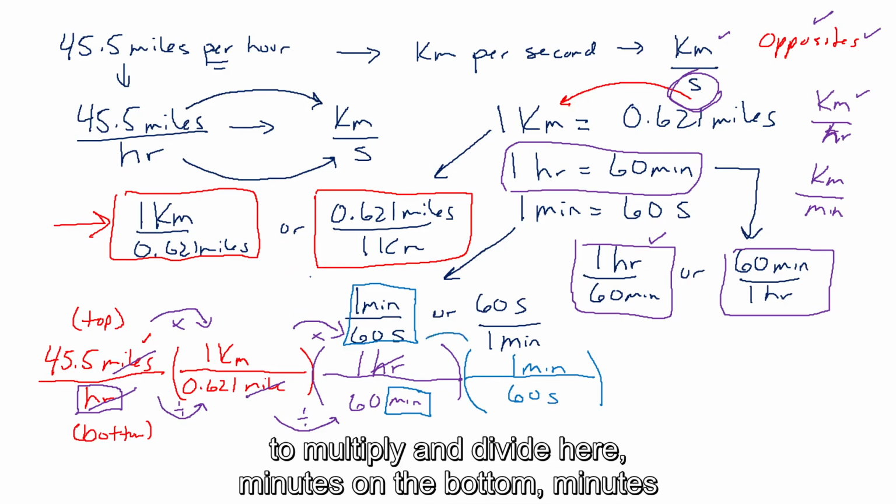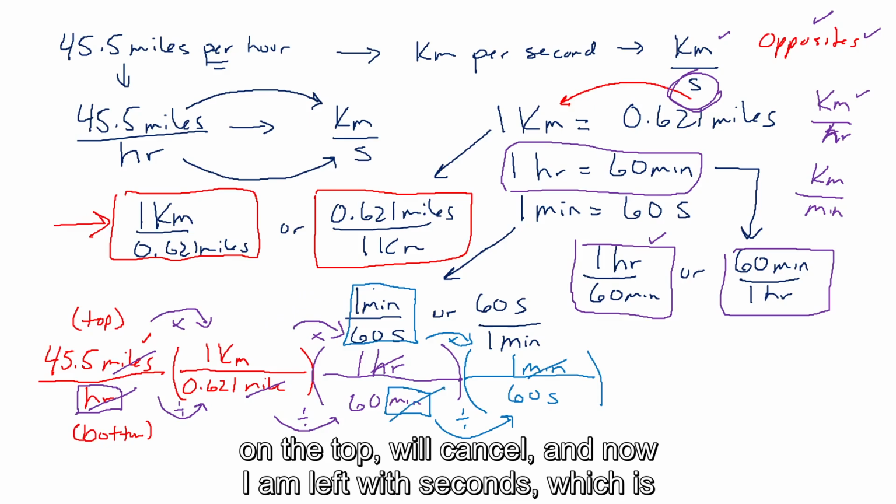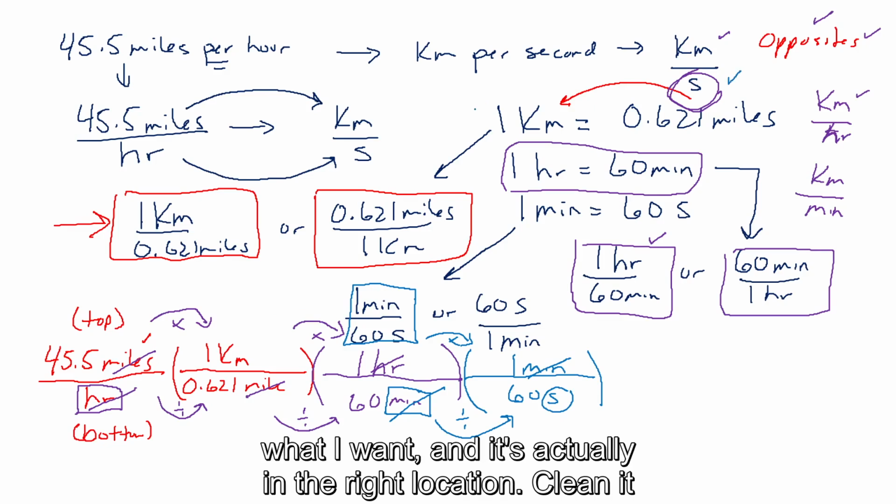Again, we're going to multiply and divide here. Minutes on the bottom, minutes on the top will cancel. And now I am left with seconds, which is what I want. And it's actually in the right location.